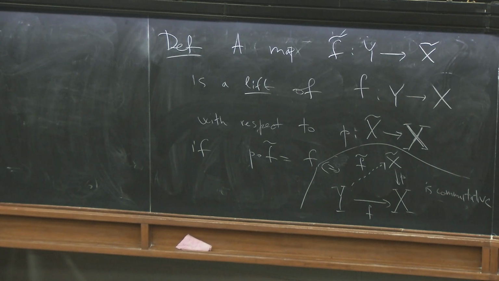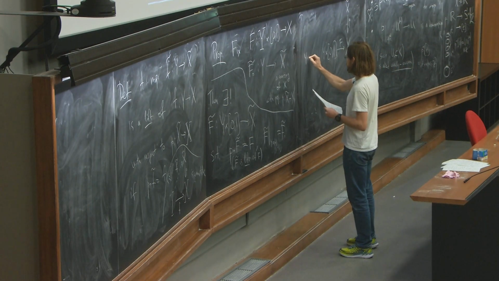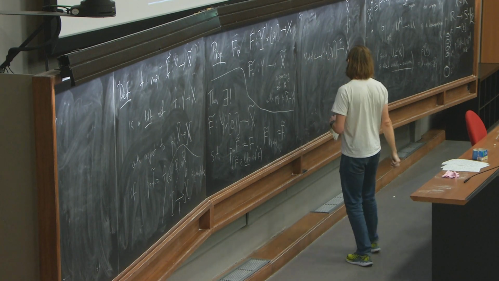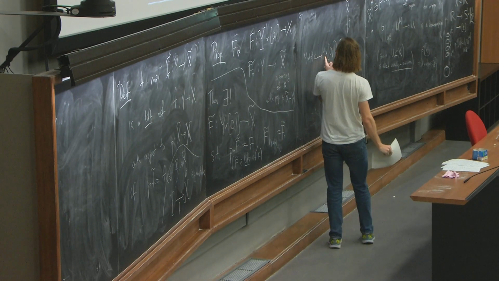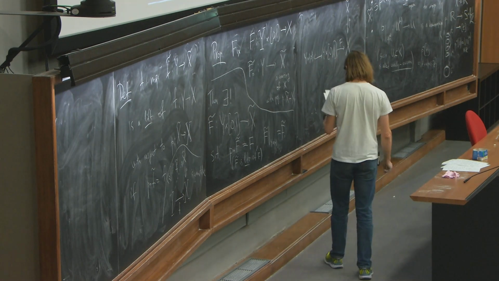So we are given some map from Y times interval to X, which is denoted by F, and we are also given a map P from X tilde to X, and we also can consider an inclusion map of Y into Y times interval, just by including a copy of the topological space Y as Y times 0 point here, the inclusion map.